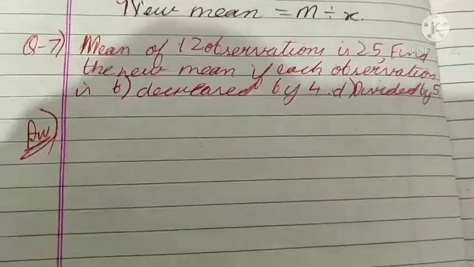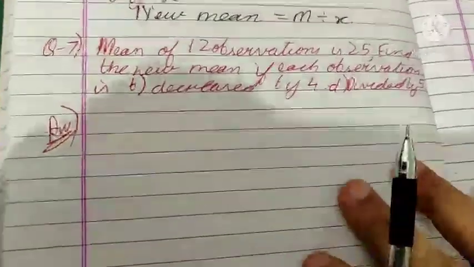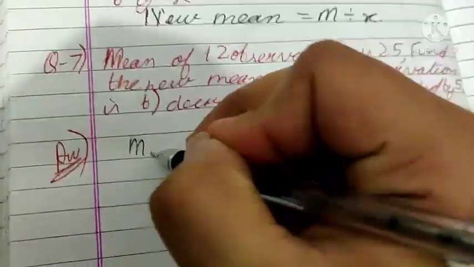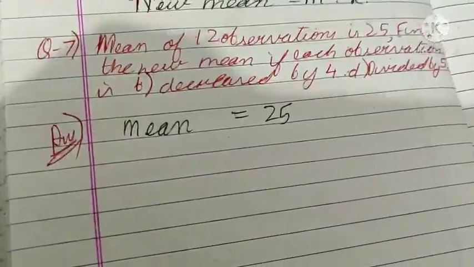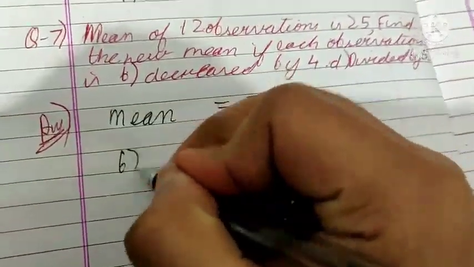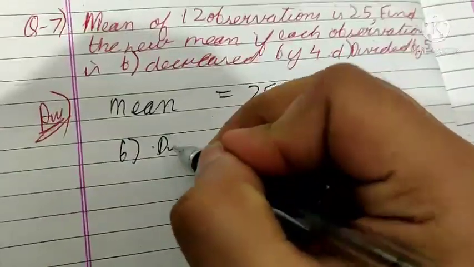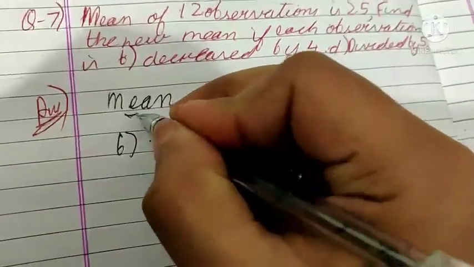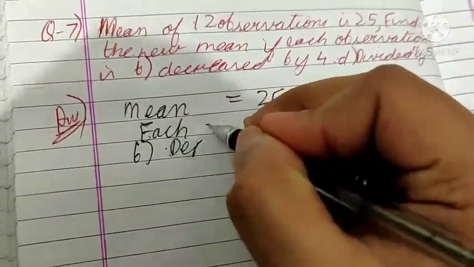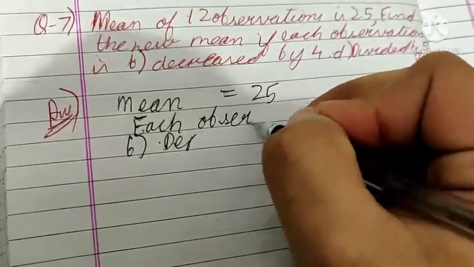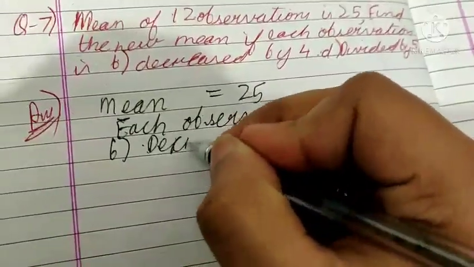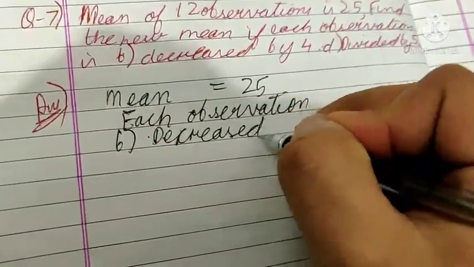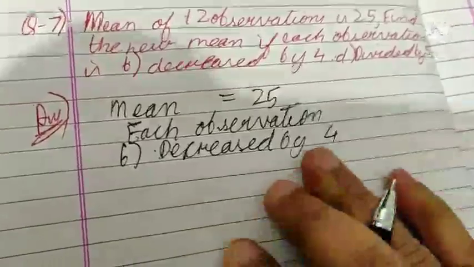So this is our next question from the exercise based on the above properties. The question says that the mean of 12 observations is 25. The mean is given as 25. Our first part is that each observation is decreased by 4.